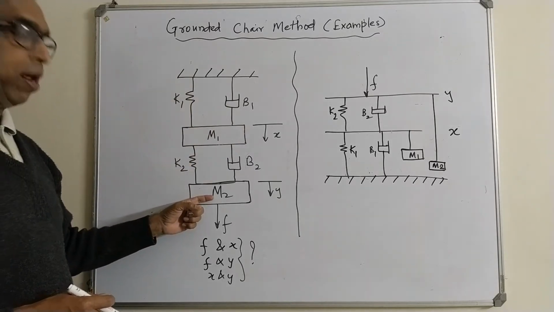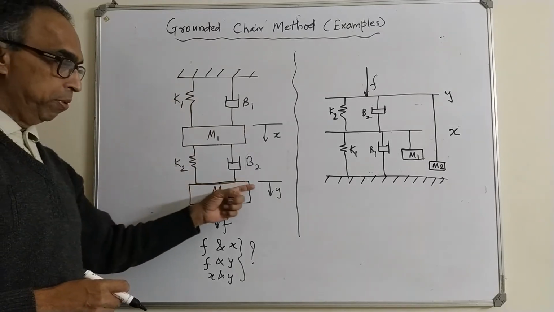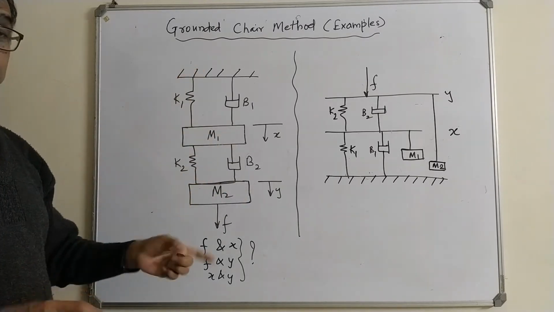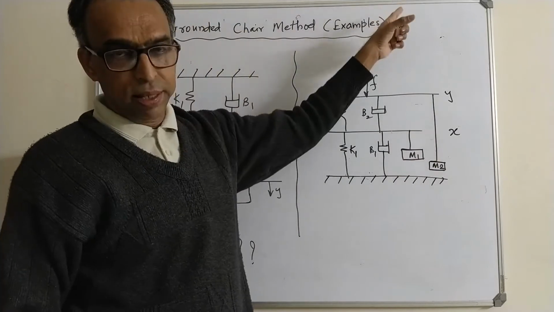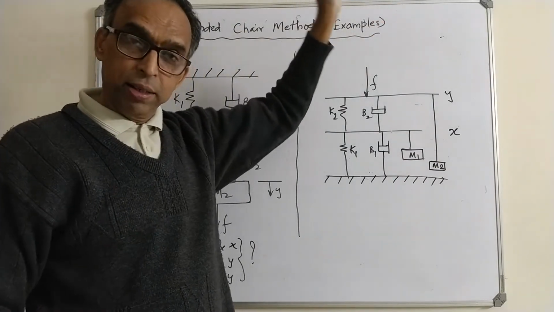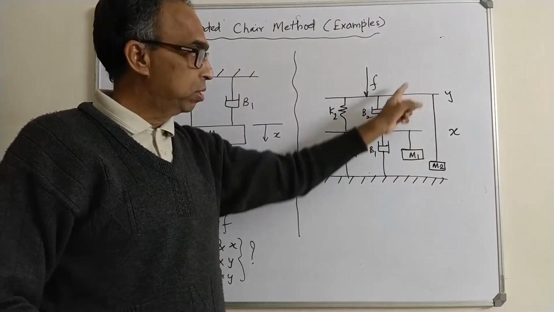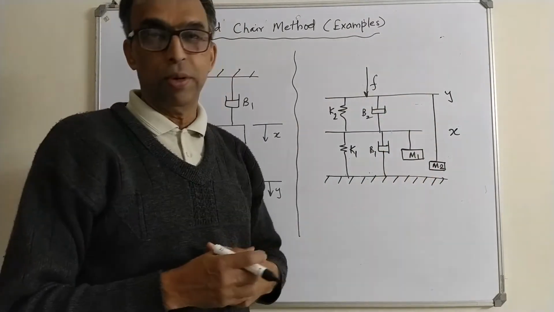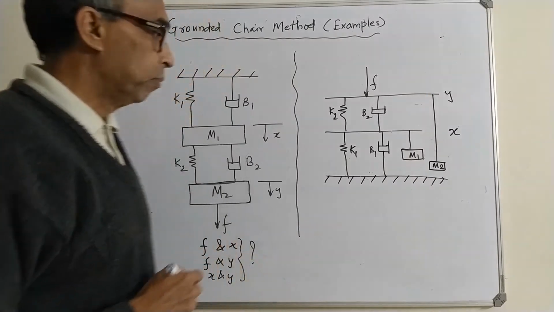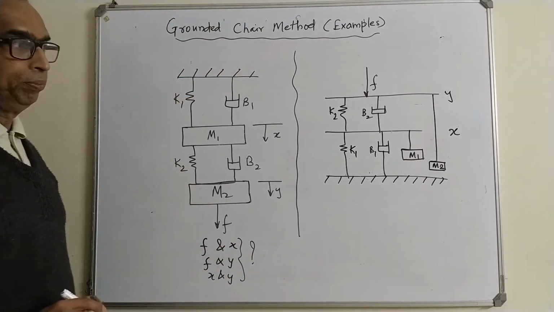The inertia force for M2 also will be between Y and ground. The inertia force is always with respect to ground. So I need to bring the mass wherever it is, maybe at some other coordinate, nearer to ground if I am writing inertia force.